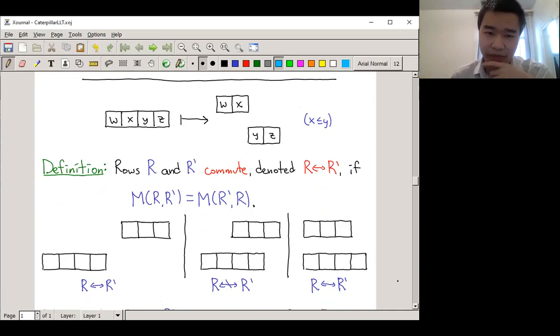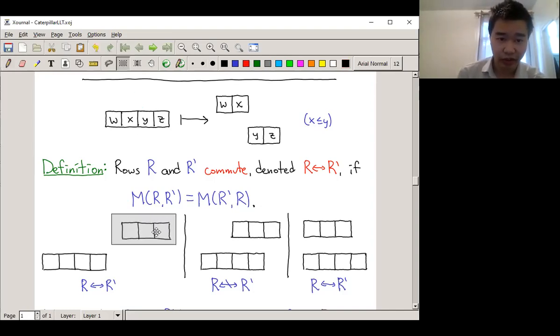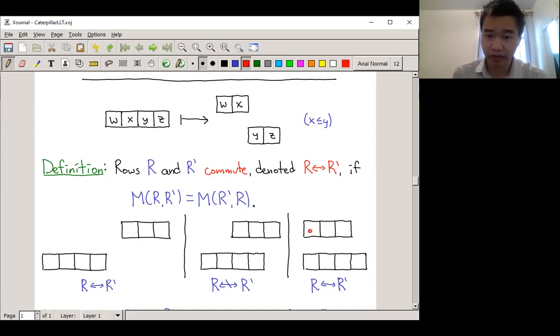So this next one, I say that 2 rows commute if this quantity, the maximum number of inversions I can make, is the same even if I switch the 2 rows. So on the left-hand side, I have 0 inversions between these rows. And on the right-hand side, I can get 3 inversions like this.